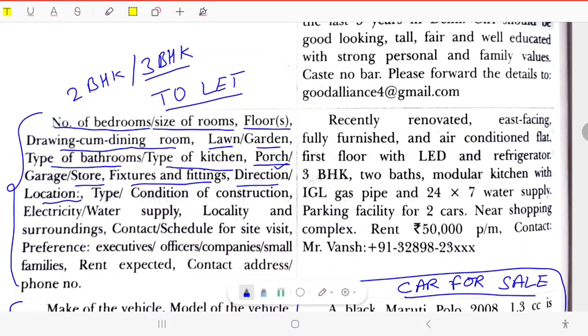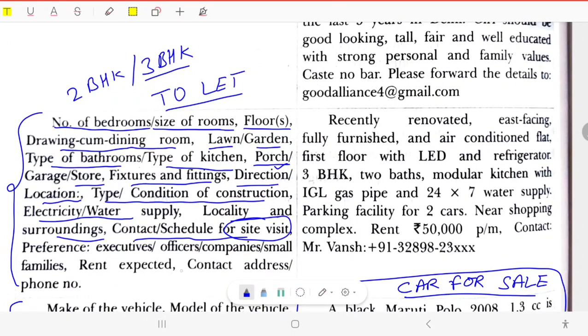Location, very important thing. In which location? Type, condition of construction, newly constructed, newly renovated, electricity and water, locality, surrounding, contact, and when can the person visit and see the house.